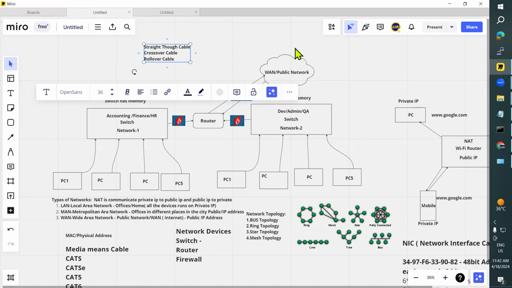Cable is one, but you can make it a straight through cable, crossover cable, or rollover cable.